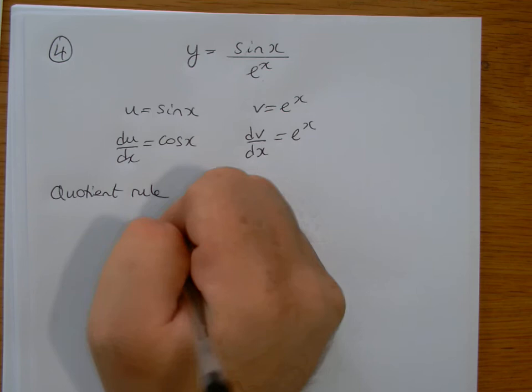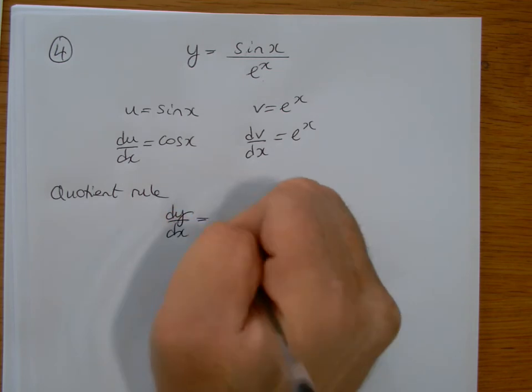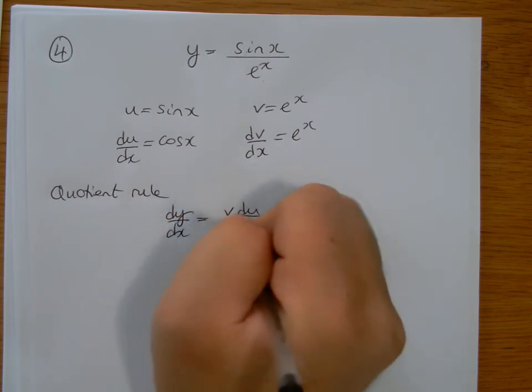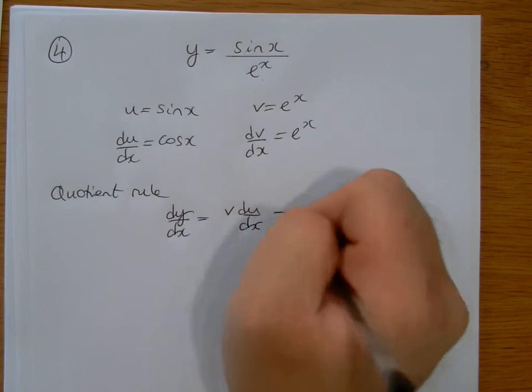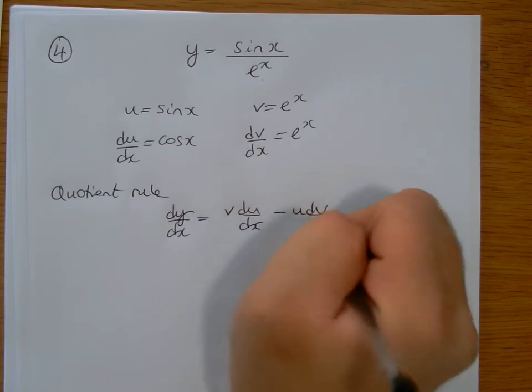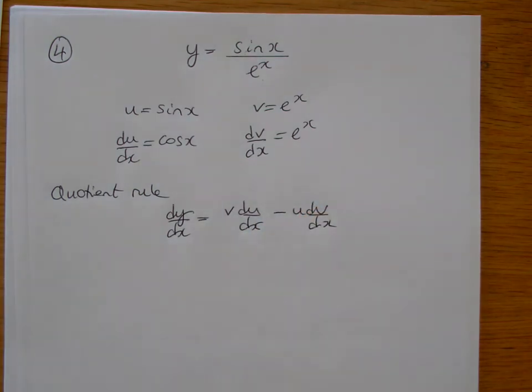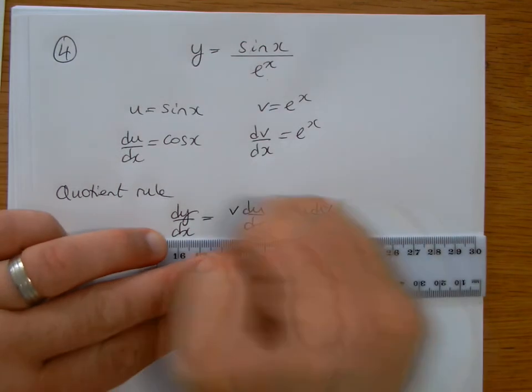So we've got dy dx is v du dx minus u dv dx all over v squared.